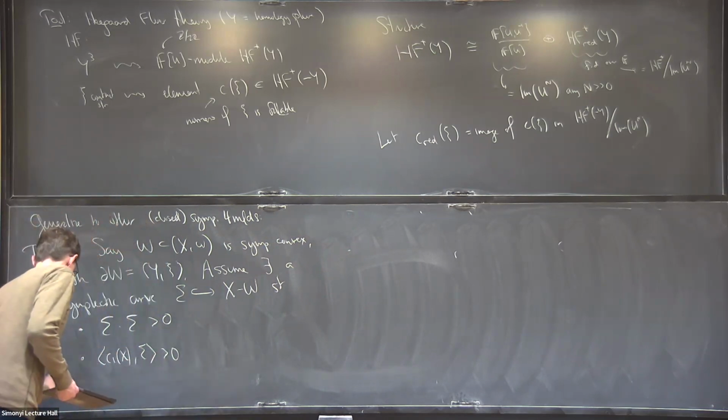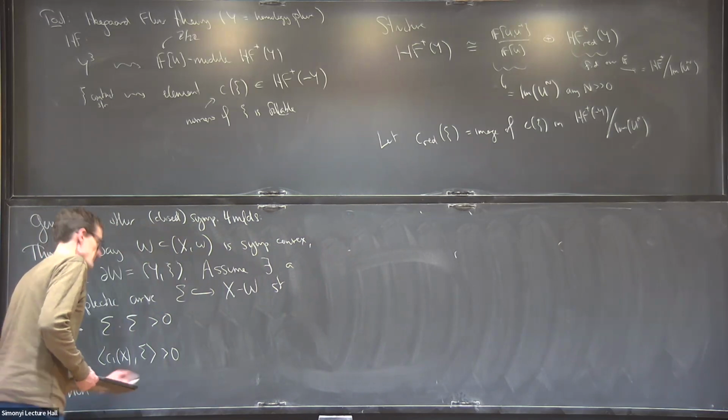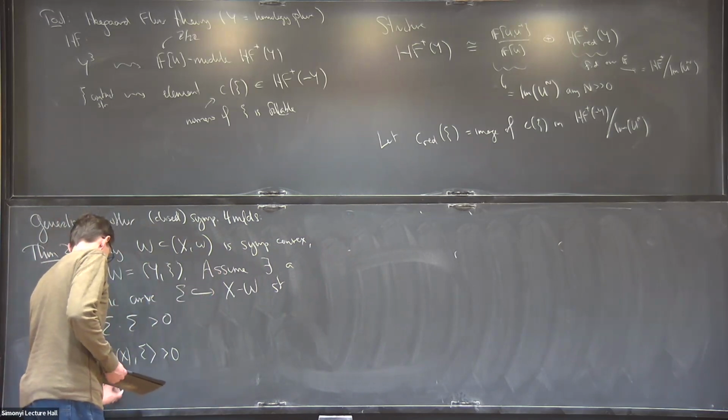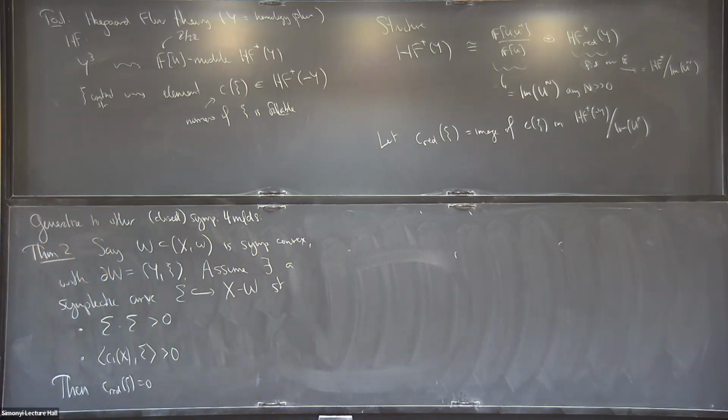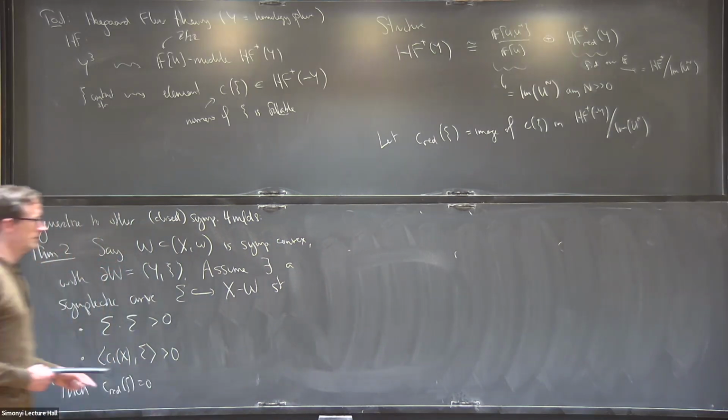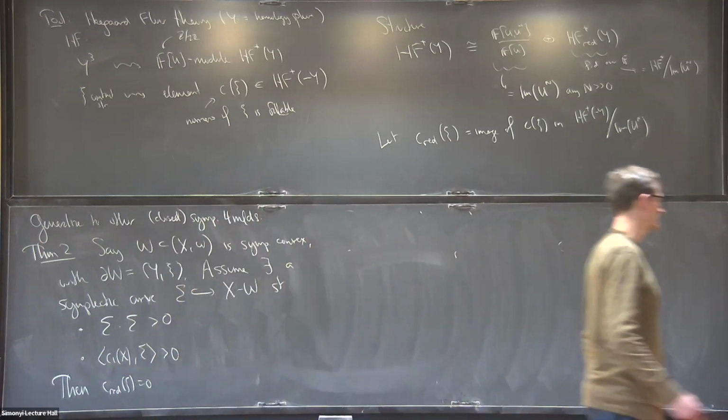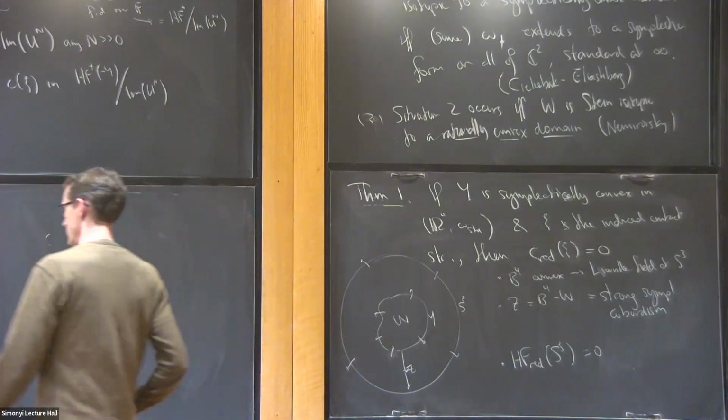Then under those conditions, you get the same conclusion as over there: the reduced contact class of its contact structure should vanish. And the analog with the properties over here is the following.